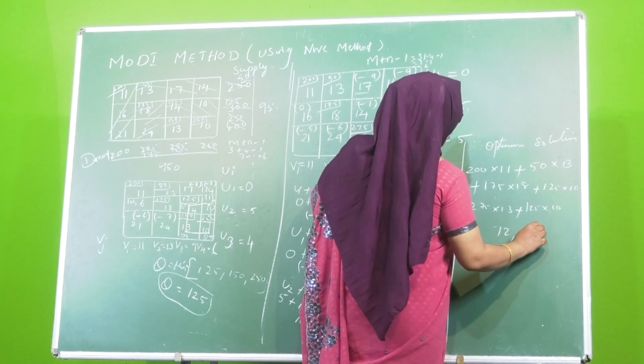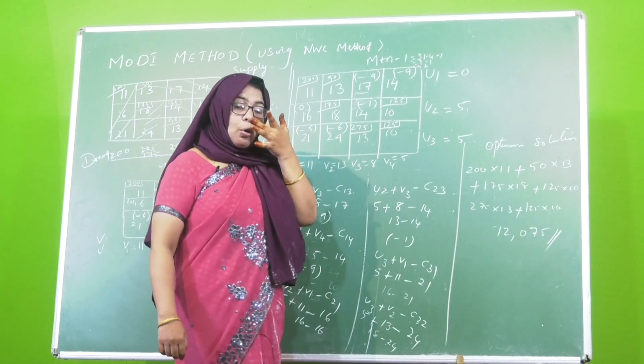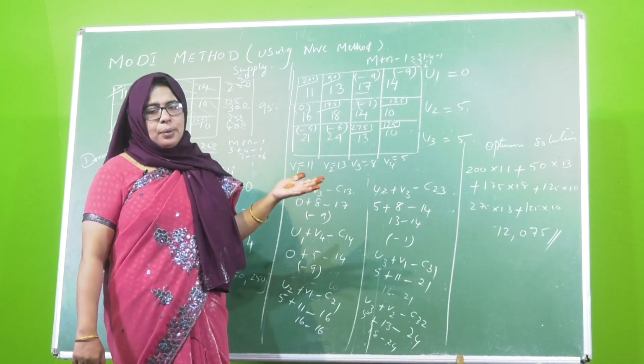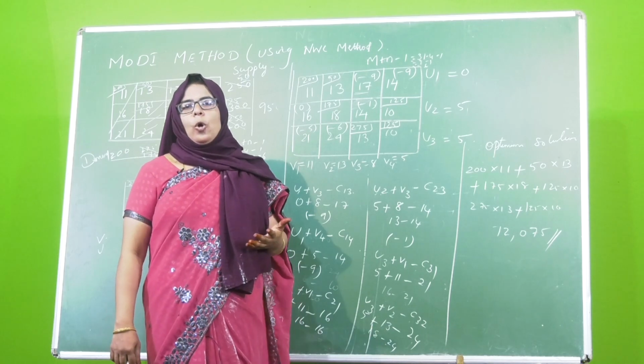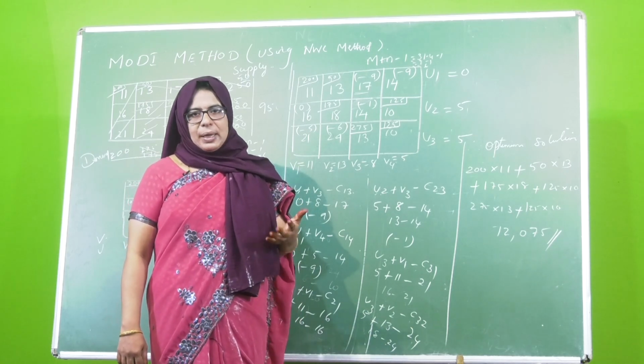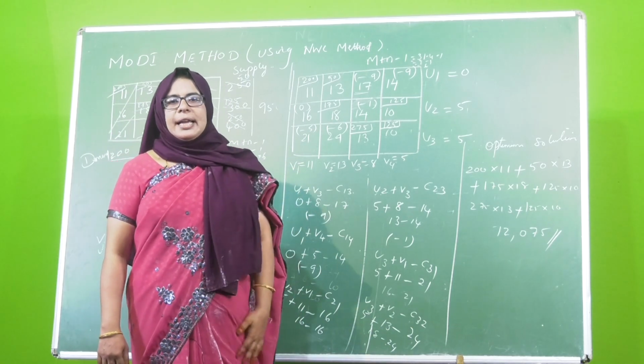That is 12,075, the optimum solution of this degeneracy transportation problem. I hope you all understand the MODI method. In the next class, we will discuss another problem. Thank you, students.